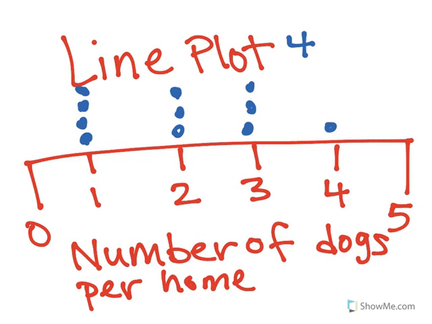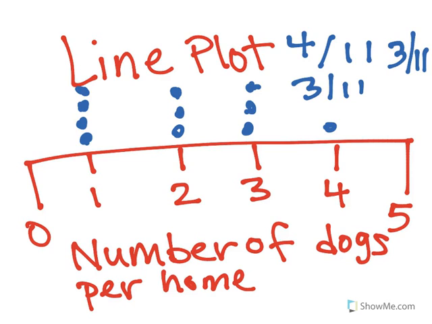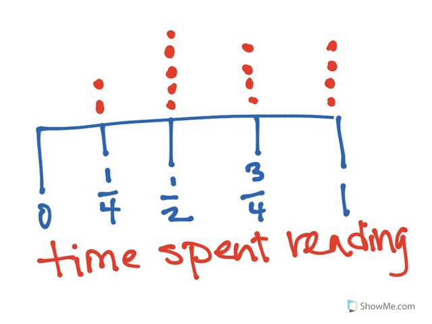So we have 1, 2, 3, 4, 5, 6, 7, 8, 9, 10, 11. 4 out of 11 houses have 1 dog. 3 out of 11 houses have 2 dogs. And 3 out of 11 houses have 3 dogs. And just 1 out of 11 houses has 1 dog.